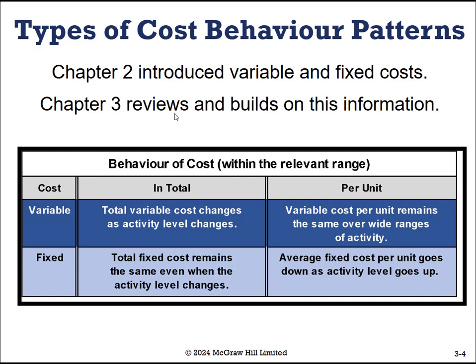From there, in Chapter 2, we introduced variable and fixed costs. And here, we really leverage on where our variable costs are costs that change per activity level, and within the relevant range, they're the same cost per unit. And inversely, fixed costs remain the same even when activity levels change, whereas average fixed costs go up and down as activity level goes up or down.